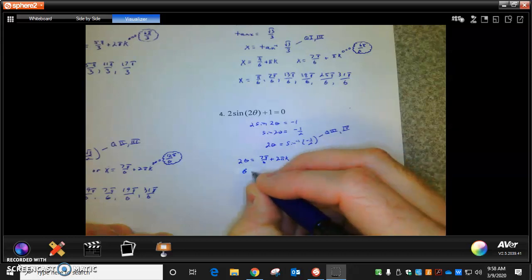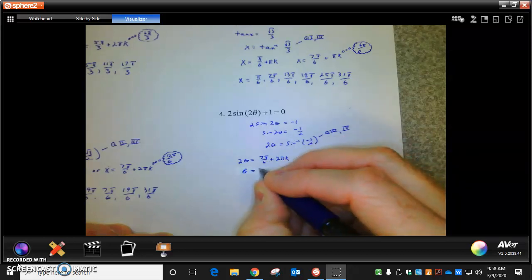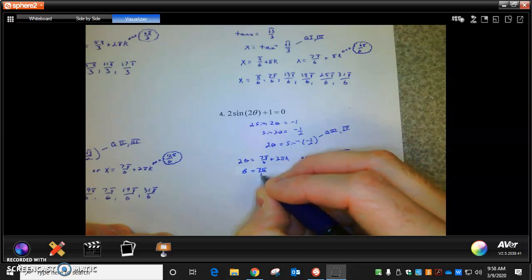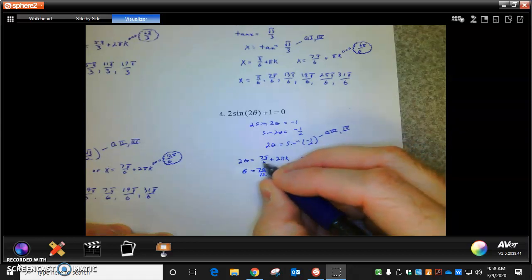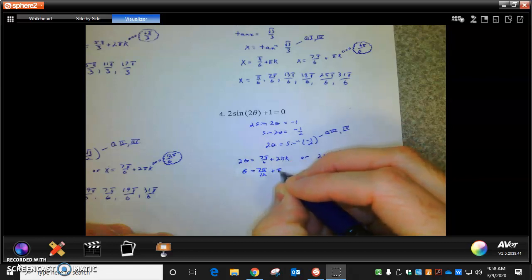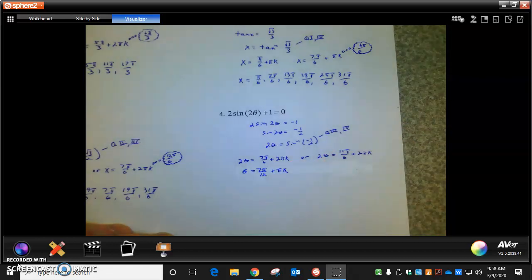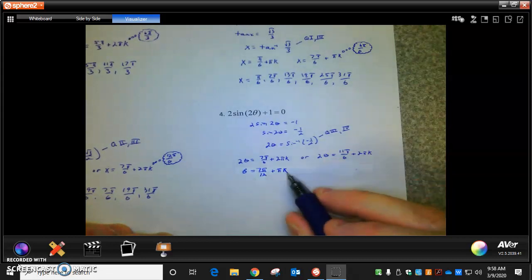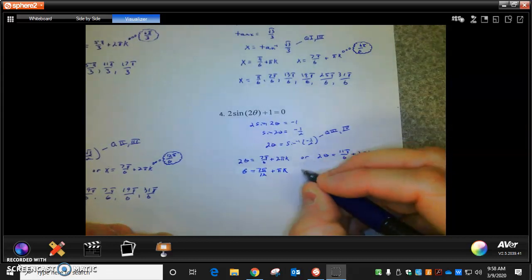Okay, so everything. We're going to divide the 2θ by 2. That'll give us θ. 7π/6 will give us 7π/12. It just doubles your denominator when you divide by 2. Plus, and this will be now πk, not 2πk. Okay, so that's going to change those extra solutions we have.